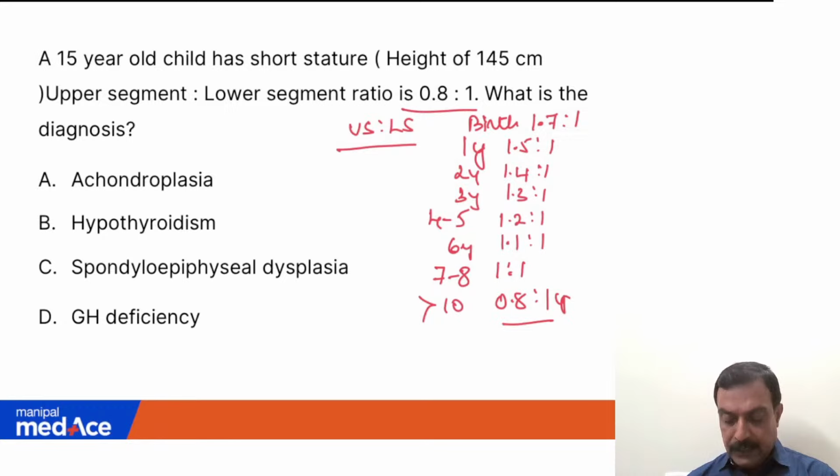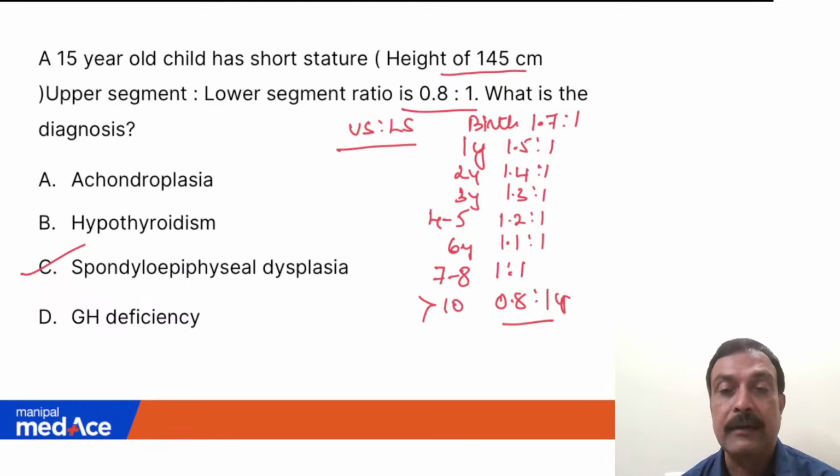So if you see here, spondyloepiphyseal dysplasia is the correct answer, because the height is short but the upper segment to lower segment ratio is maintained. So the correct answer here is spondyloepiphyseal dysplasia.